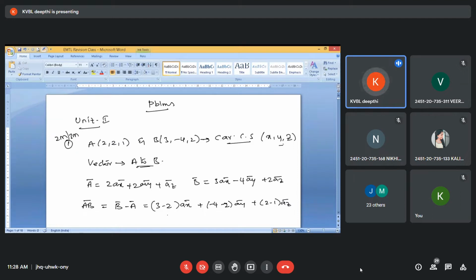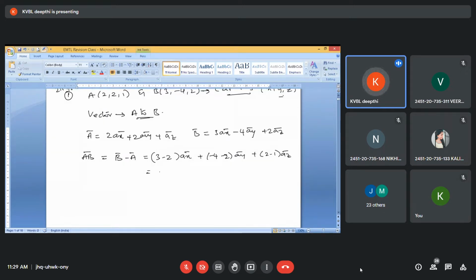So how do we get the equation here? AB bar will be equal to ax minus 6ay, since minus 4 minus 2 is minus 6, plus az. So this is the equation for AB bar. We have got the vector AB bar.